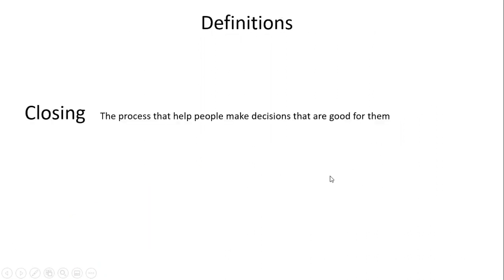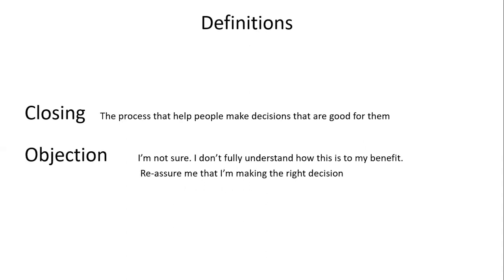And then we also defined last week that closing is the process that helps people make decisions that are good for them. So you're not trying to sell anyone anything that they don't want, but you learn to understand the psychology behind the whole sales process. And then we said an objection is normally not bad.